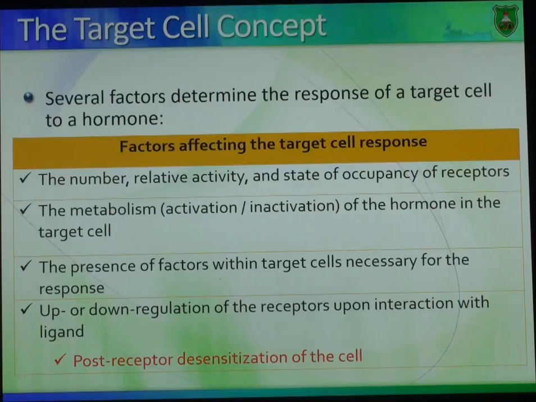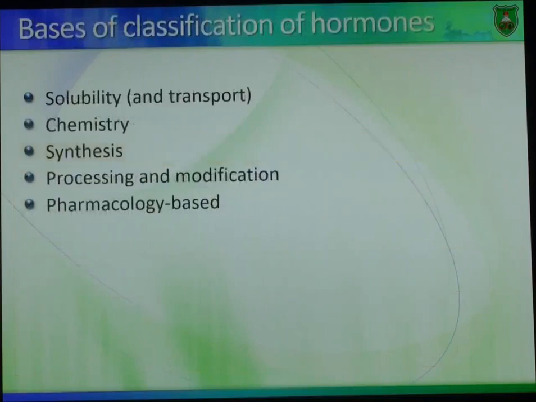You have internalization of the receptor into the cell so that there wouldn't be any more receptor on the cell surface whereby the hormone can bind to, and that is desensitization. And there is a solution for that, and we'll talk about it at the end of this lecture. So these are different factors.